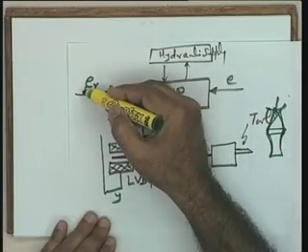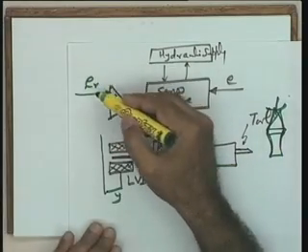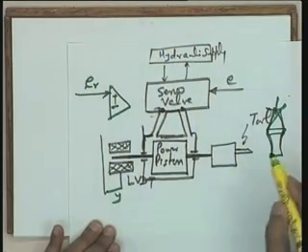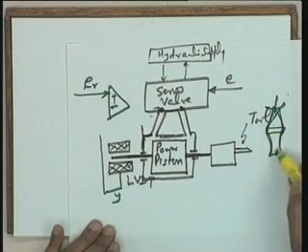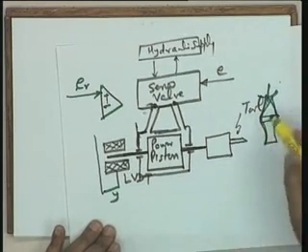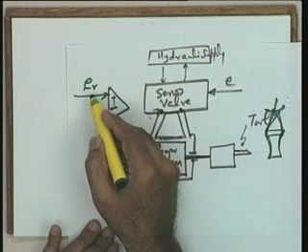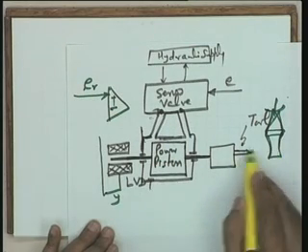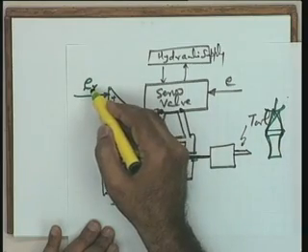Whatever may be your method of command signal generation, this E_R is a voltage profile which corresponds to the desired movement of the tool and hence to the desired profile of the job. Whatever job is to be done is translated into a voltage, and the requirement is that this particular tool should follow this command.